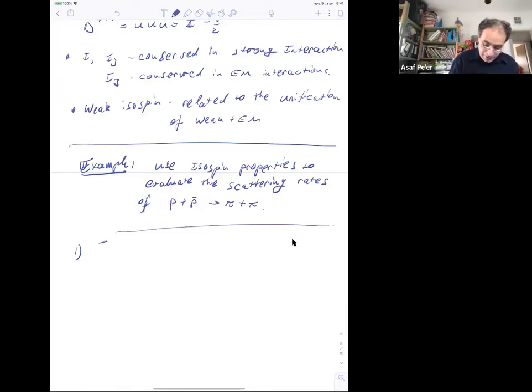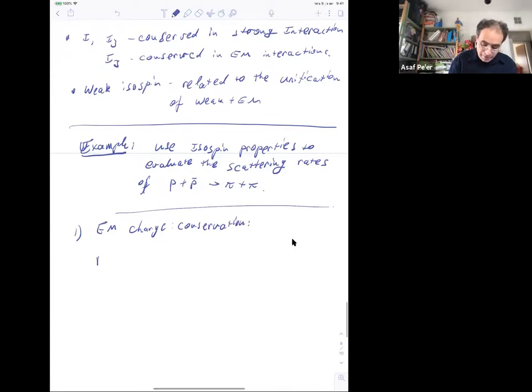So electromagnetic charge conservation means we can only have P plus anti-P goes into 2 pion zeros, or P plus anti-P goes into pi plus and pi minus.